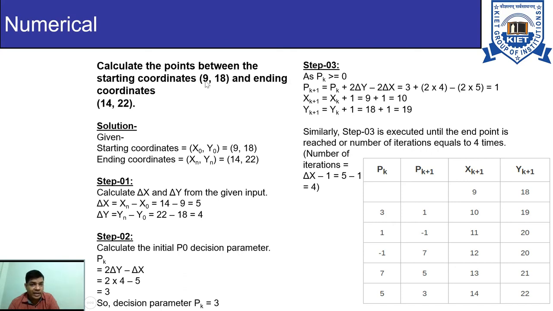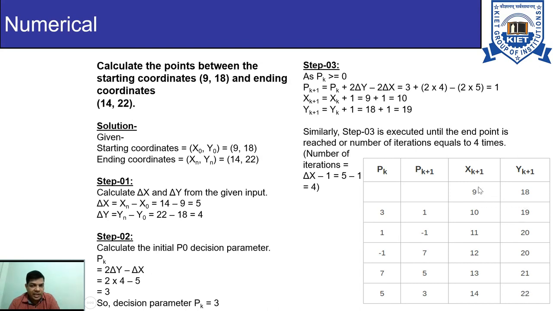So the initial value of y is 18 and the next value of y is 19. Okay, then in the next case we can see that the next value of pixel parameter is 1, so again we have to increment the value of y. In this case the pixel parameter is having negative value, so don't change the value of y. In this, the pixel parameter is positive, then we have to increment the value of y. Again it is more than 0, again we have to increment the value of y.